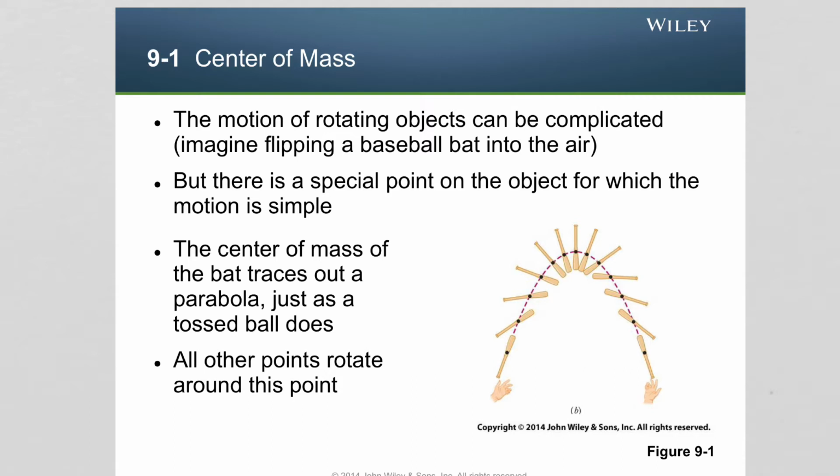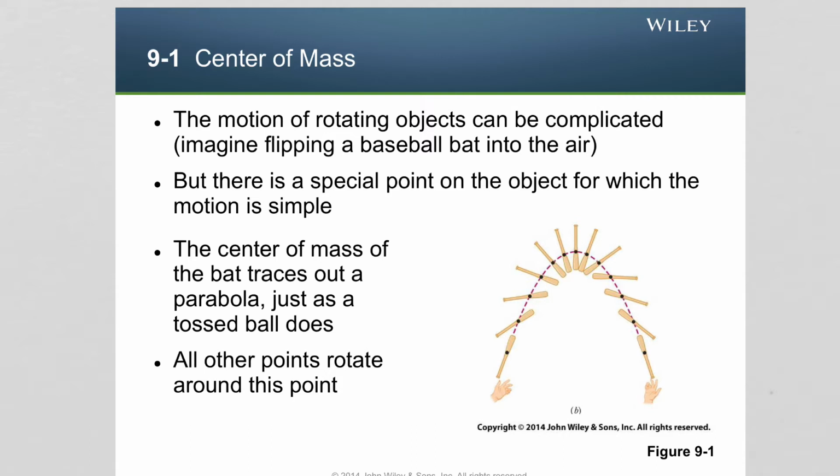As you can see from the drawing, and you've probably seen examples of objects that do not have a round shape tossed in the air, the baseball bat will, in general, undergo two separate types of motions combined into one.